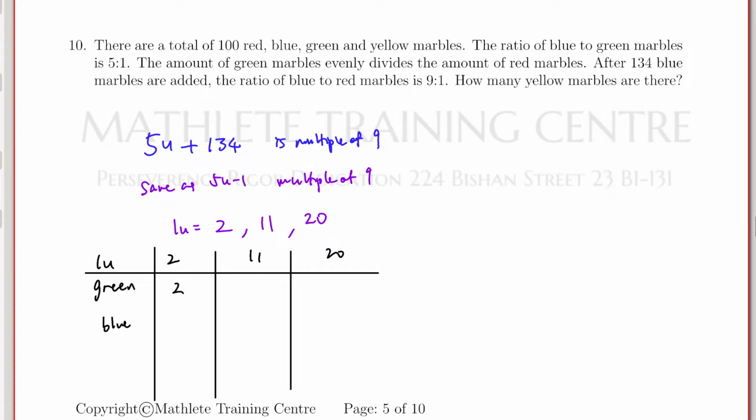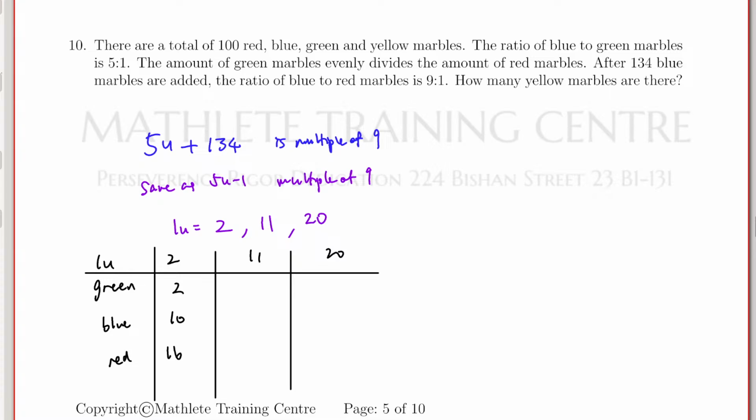So blue will be 5 times 2, which is 10. Then once you add 134, blue will be 144 now. 144 divided by 9 is 16. So red is 16. So this seems like it makes sense. Because red is 16, green is 2. Red is a multiple of green, right? So green will evenly divide the amount of red marbles. Okay, so it seems like it makes sense.